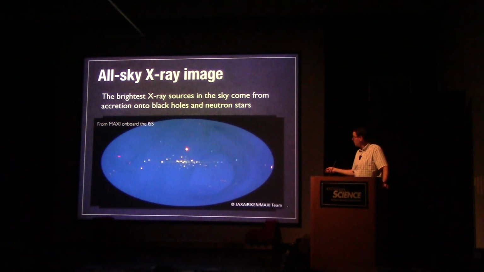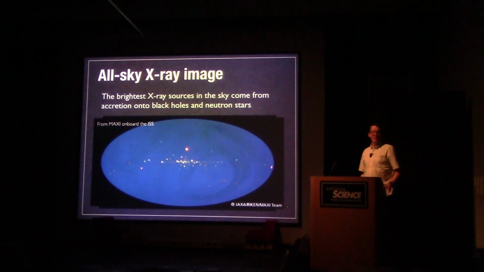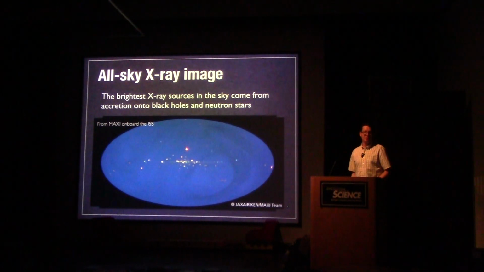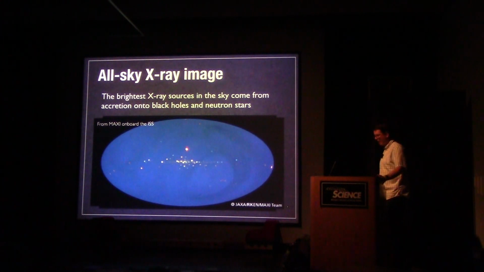So predominantly what we're seeing here are the binary systems in our galaxy that have a neutron star or a black hole that's actively accreting. Right? So X-ray eyes give us black holes and neutron stars, whereas optical eyes just give us regular stars. So if we want to look at black holes, we need to go into X-rays.